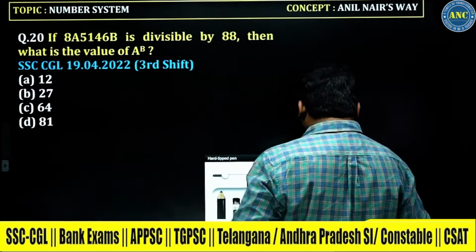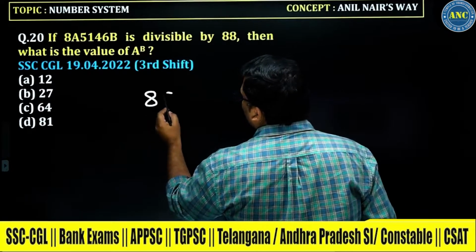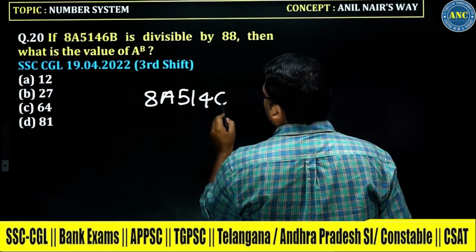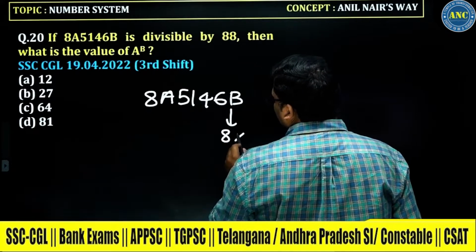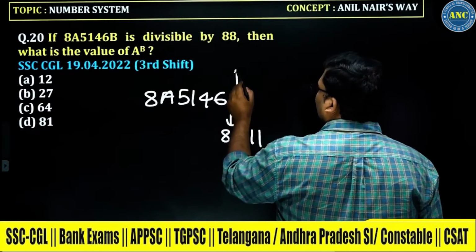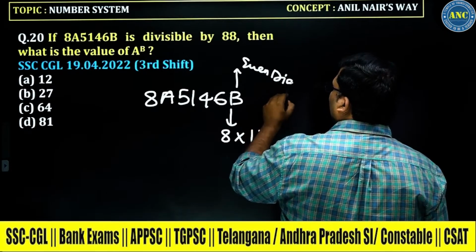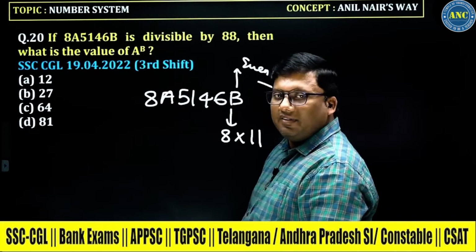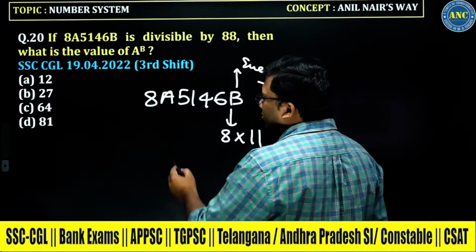See here. The question is 8A51 46B, divided by 88. That means 8 and 11. 8 means B should be an even digit. Now, we already solved this question.